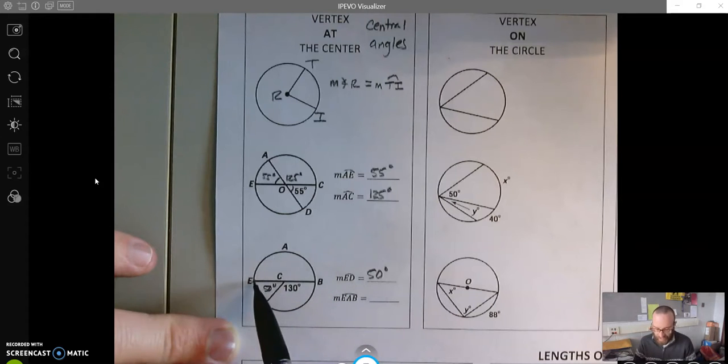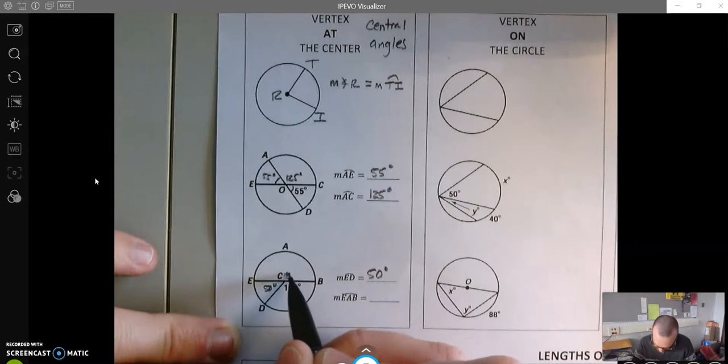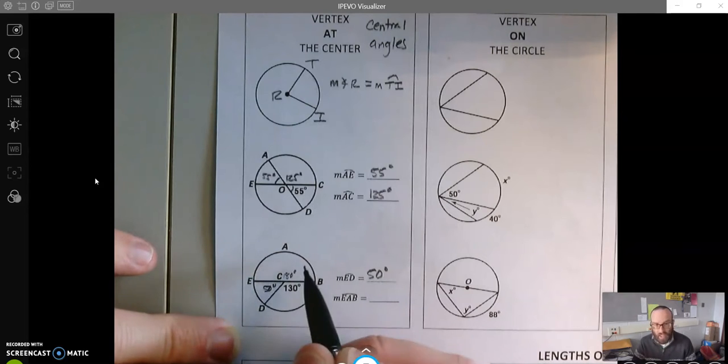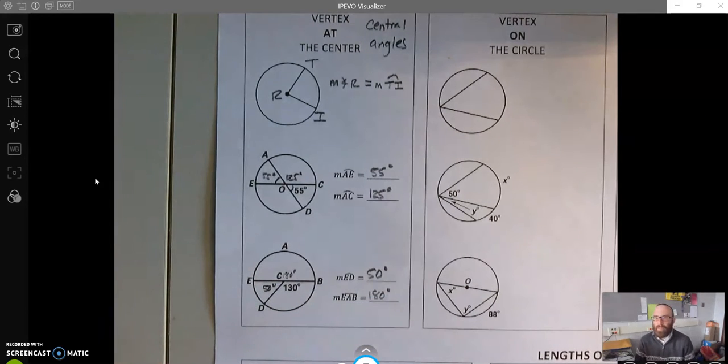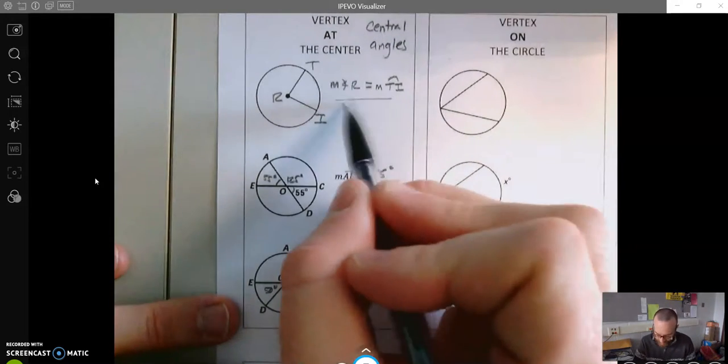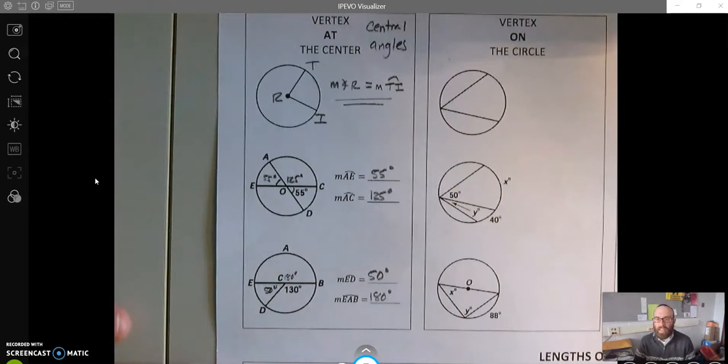So EAB says I start here, go through point A, and around to point B. I recognize that this is a straight angle, which means it's 180 degrees, which means this arc is 180 degrees. It's a semicircle or half of a circle. The key point here is that in central angles, the central angle and the arc that it intercepts are congruent, or the same size.